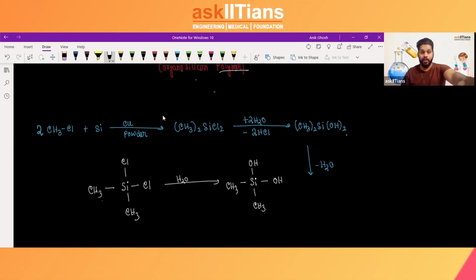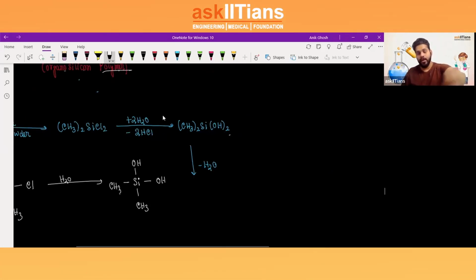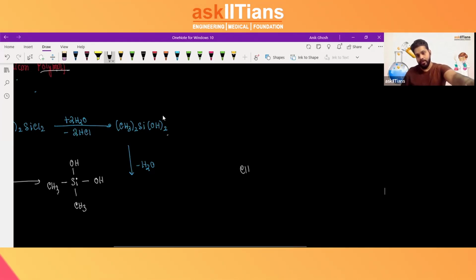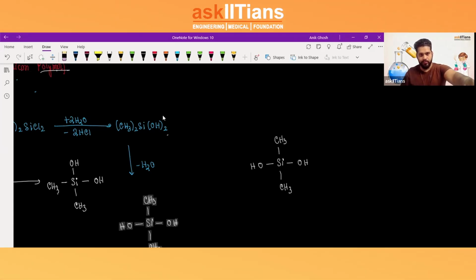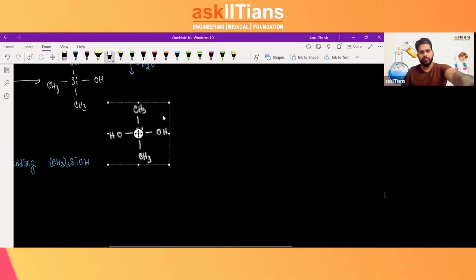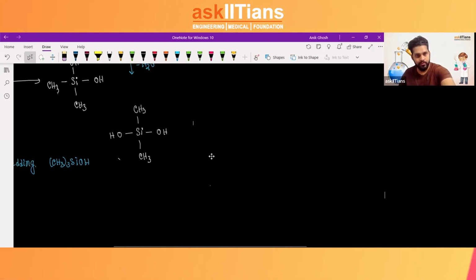Now here's the part. How does the polymerization happen? So, guys, you remember I taught you in biomolecules just the way glycosidic bonds are formed. Similarly, Si with CH3, CH3. Okay, let's draw it down here. If I just keep on drawing this, so I'm just drawing it with 3 of them, okay, for you to understand.